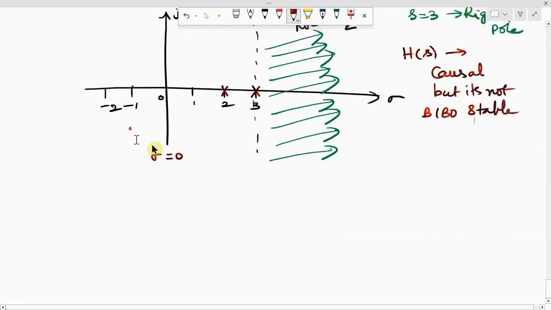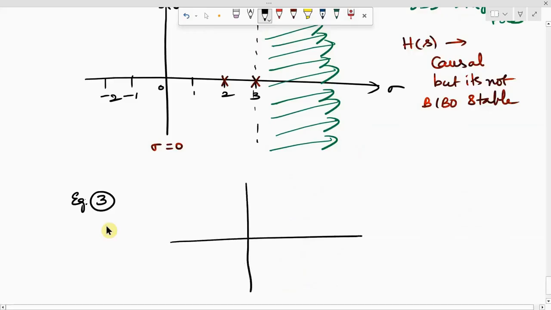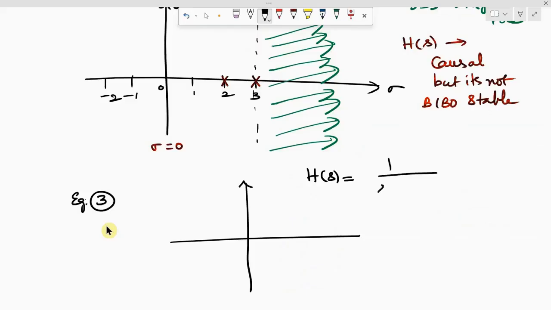Okay. Now I will show one more example. For example, directly I will plot an ROC based on some transformation. s plus 2, s plus 3.